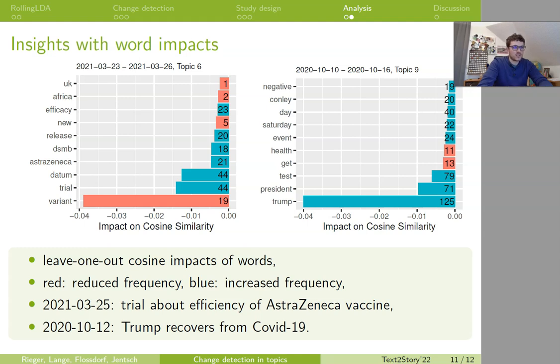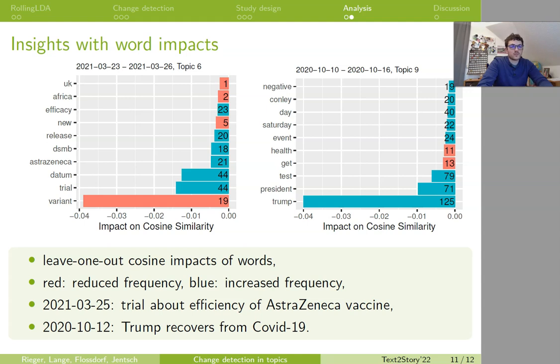As you can see, there are two very different examples here. The first comes from the event that AstraZeneca published a new study about its efficacy, and the second covers the news of Trump recovering from COVID. The first is mostly driven by a decrease in the frequency of the word variant, more than by the increase of words like trial, AstraZeneca, and efficacy.